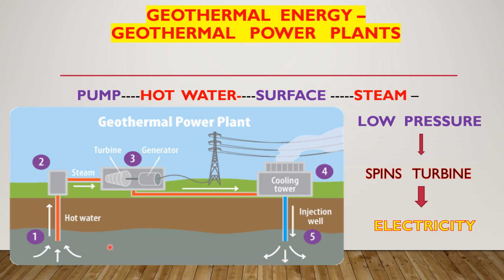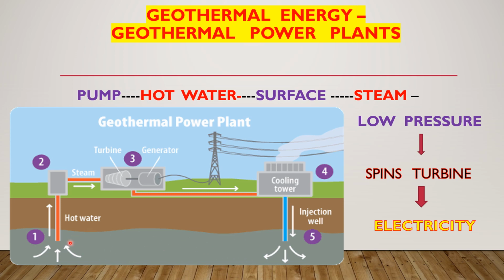Within the ground, the water gets heated up again, because this is especially for cold countries wherein the atmosphere is cold but the ground is very hot. So from the cooling tower, cool water is injected into the well, but the water over here is hot.